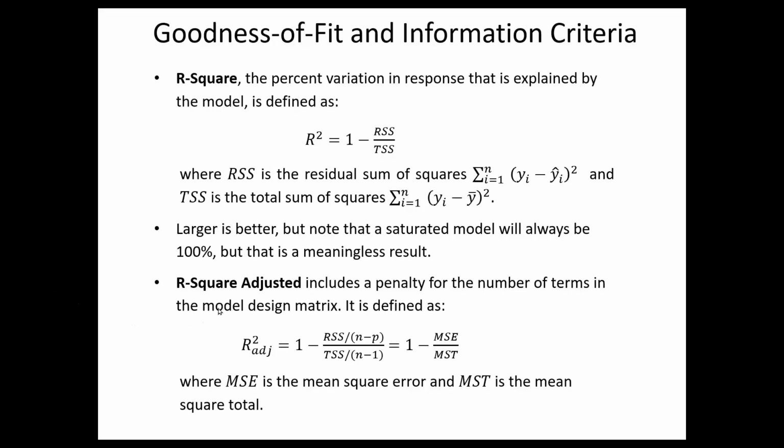So one of the things that we have is R square adjusted, which is 1 minus MSE over MS total. So there's a penalty for the number of terms in the model. It adjusts the R square with an additional penalty for terms in the model, so that's a better metric for model selection.